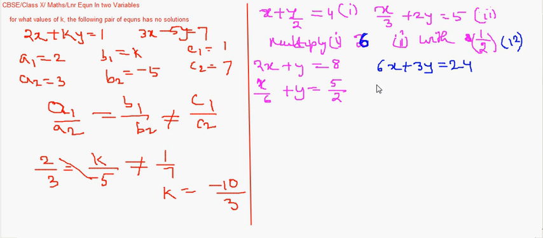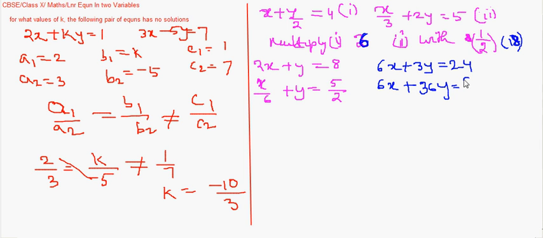I'll get 4x. No, I don't get 6, so it is 18. 18, if I multiply, I will get a 6x plus 2 8s are 36y equals, what is 18 into 5? 18 5 is, I think, 90.